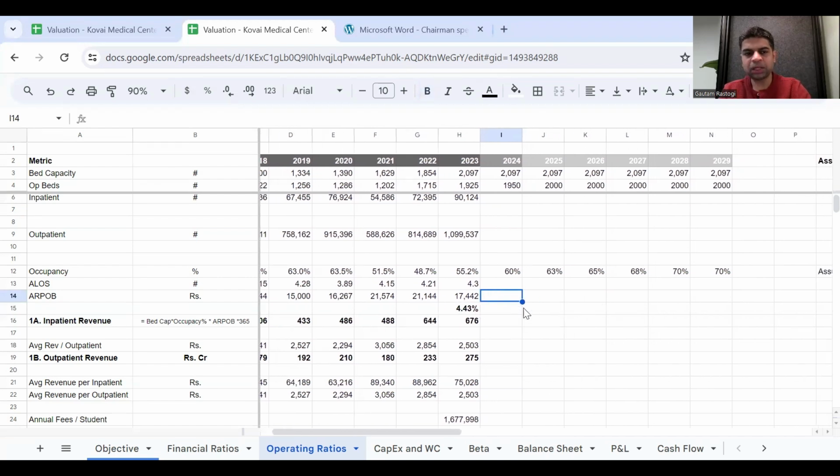So I'm going to assume that the average revenue per operating bed grows at the same rate. And again, the revenue from the main center beds and the satellite center beds may increase more than 4%. But the revenue from the medical college beds may not increase that much because they are offered at a concession to people. So let me assume 4%, slightly lower.